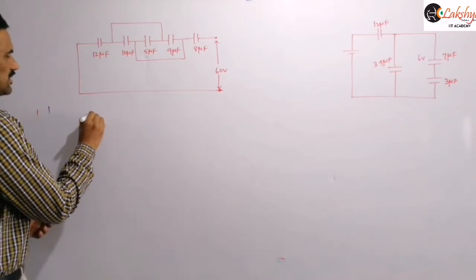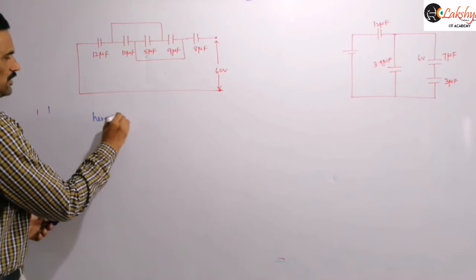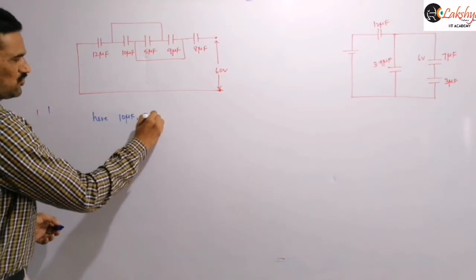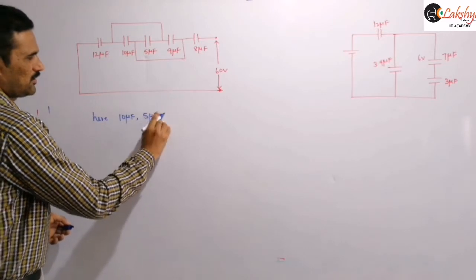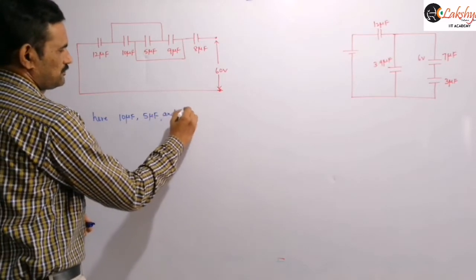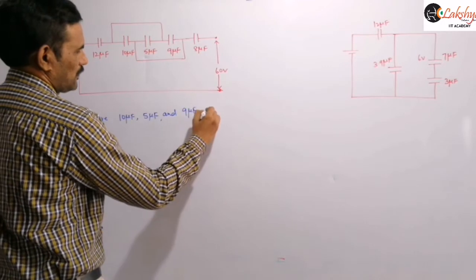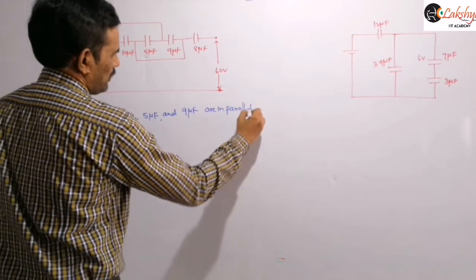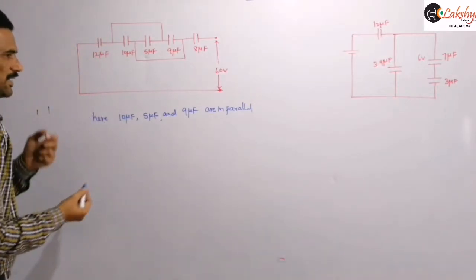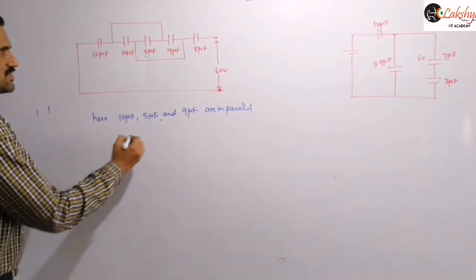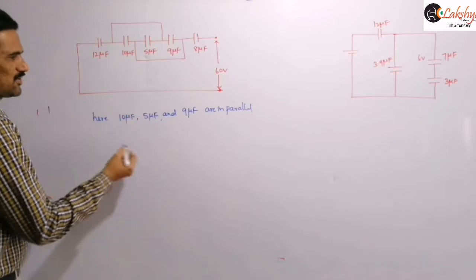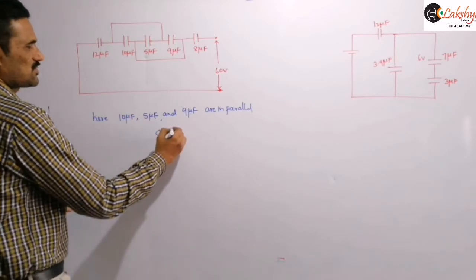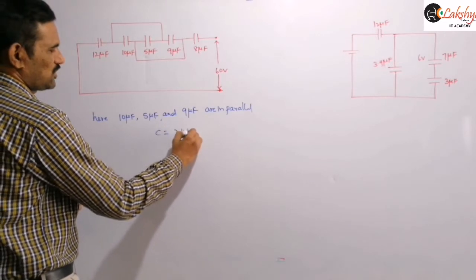So here the 10 microfarad, 5 microfarad and 9 microfarad capacitors are in parallel. In parallel, we can write their effective capacitance, taking them together as some C, as 24 microfarads.